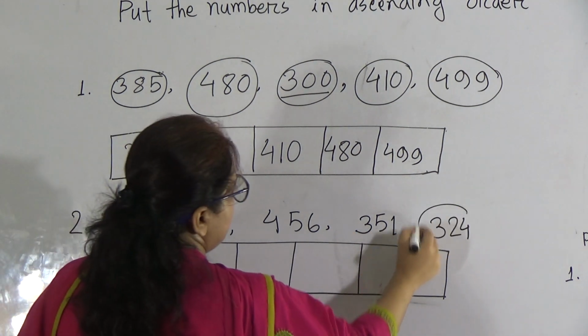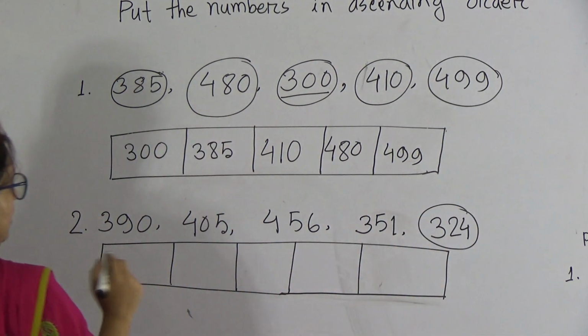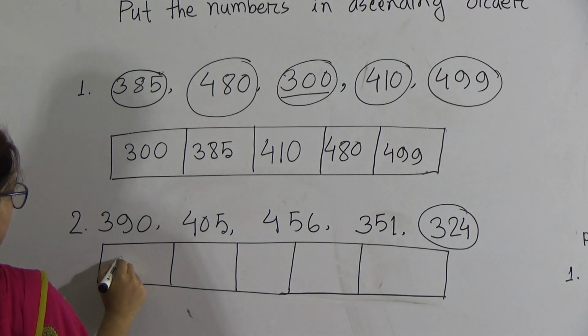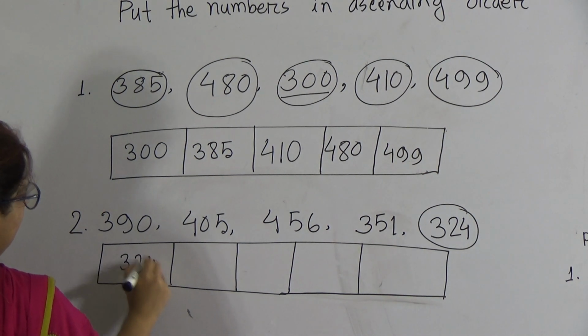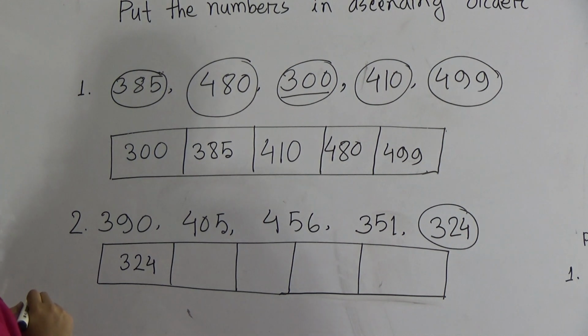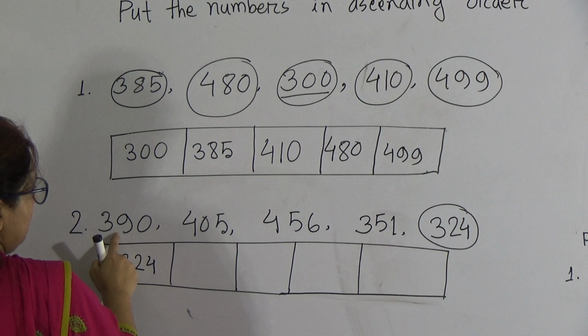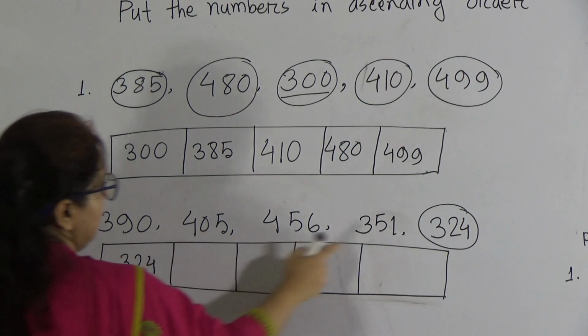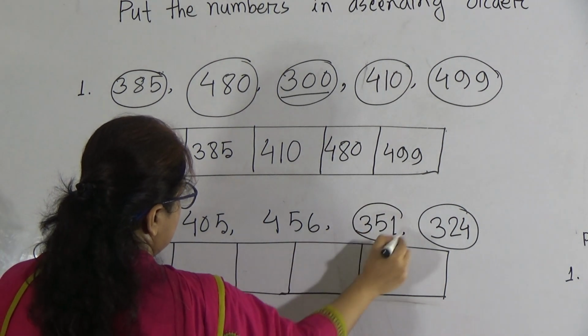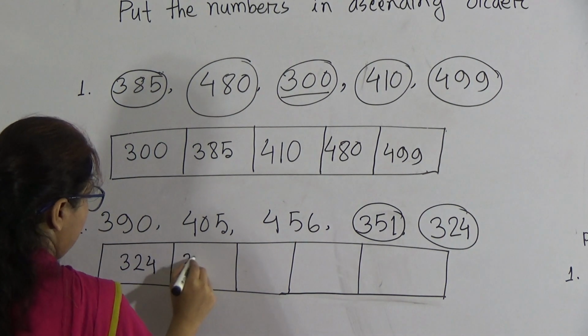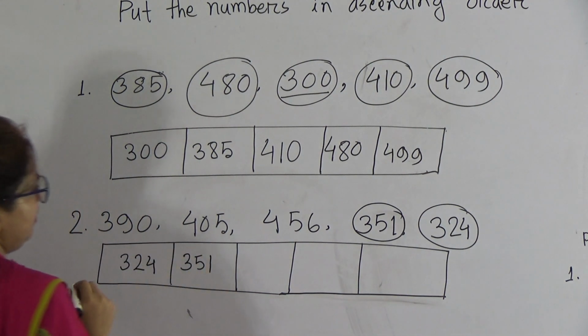Oh yes, 324 comes first. Now what is the next number? 390 and 351. Yes, 351 is our next number.